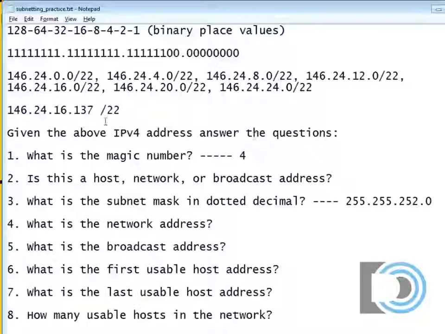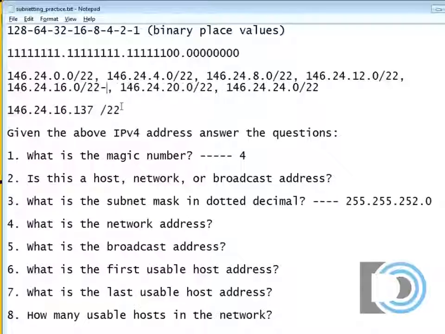Now, we need to get all the way up here to 146.24 dot what? 16, okay? So we can see here, this is the network right there. 16.137 tells us where the network is. The network 16.0, that's the network address.